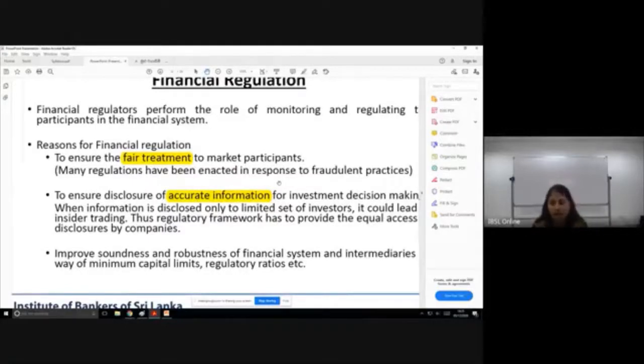Think about the banks, why they have a certain capital adequacy ratio, minimum capital. They want to make the banking system stronger to face any shock in the market. So to improve and strengthen the financial system, you need financial regulation to step in.